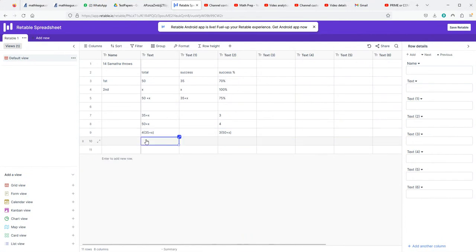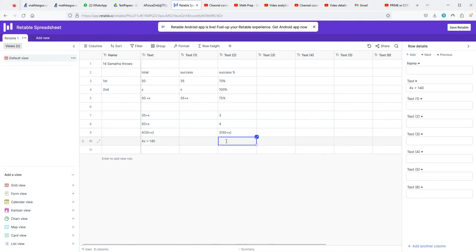So can you tell me what will be here? 4x plus 35 times 4. 35 times 4 is 140. So let me see. 5 fours are 20, 3, 12, 1, 40.